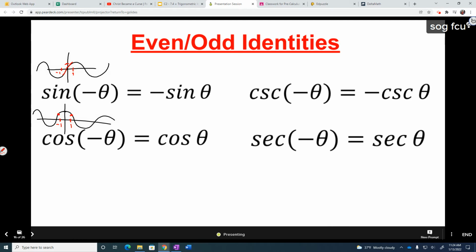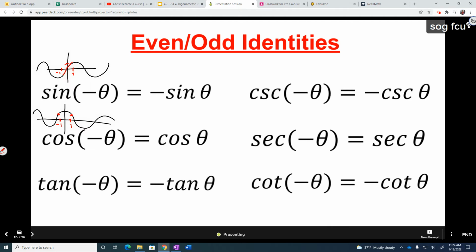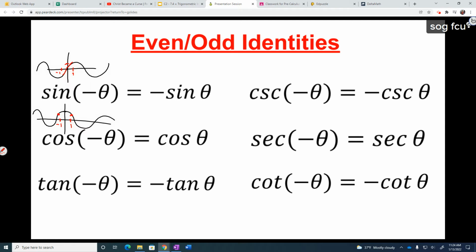And then there are 2 more, the tangent and the cotangent. And for both, the negative just pulls out in front. You put in a negative, you get a negative out in front of it. And the reason for that is very similar. We haven't looked at the tangent graph, but if you're curious, it's periodic as well, and it looks kind of like this.